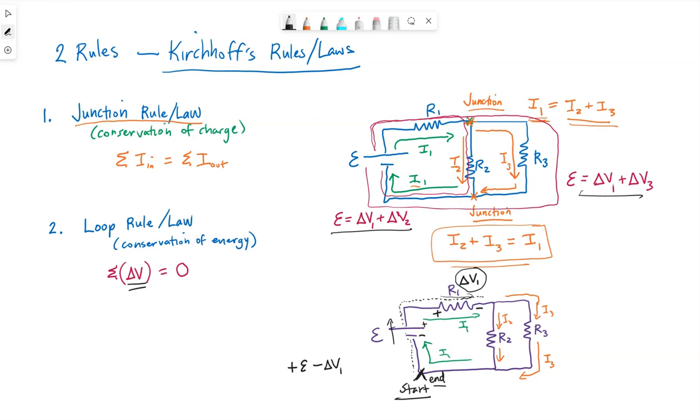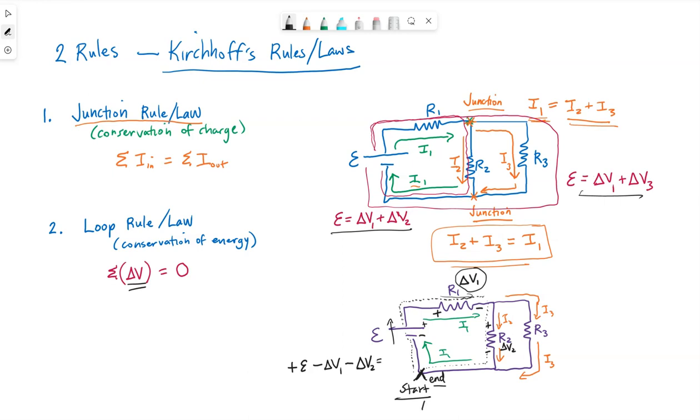Now my path can take me down through this middle resistor. I'm going to see a potential difference of delta V2. Similarly, because I'm going with the current flows high potential to low, I'm going to see a decrease of a delta V2. As I finish my path, that gets me back to where I started.